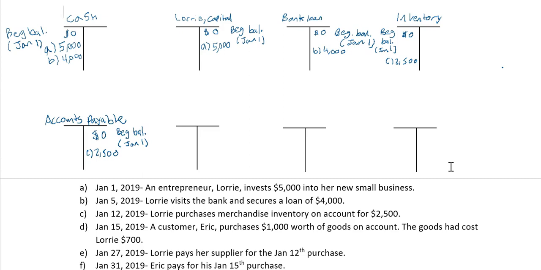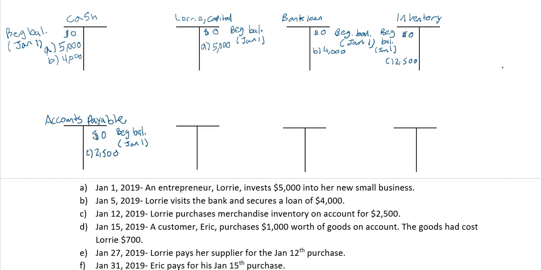The second interesting thing of note here is that we have a couple numbers in this transaction. One is $1,000, which is what we sold the goods for, and we also have 700, which we bought the goods for originally. So keeping those two things in mind, let's proceed with this transaction.